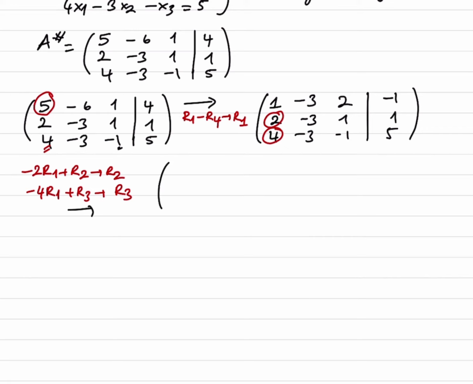Okay, let's do it. So we have 1, minus 3, 2, minus 1, and we should have 0 here. 6 minus 3, we have 3. Minus 4 plus 1 minus 3, minus 2 plus 1, 3, right?